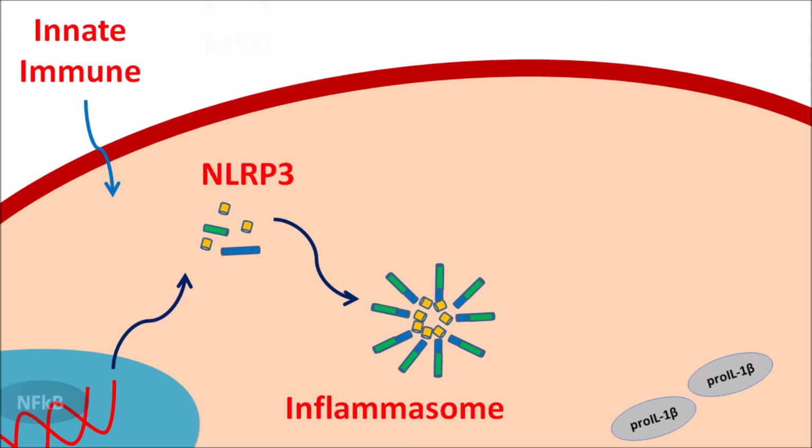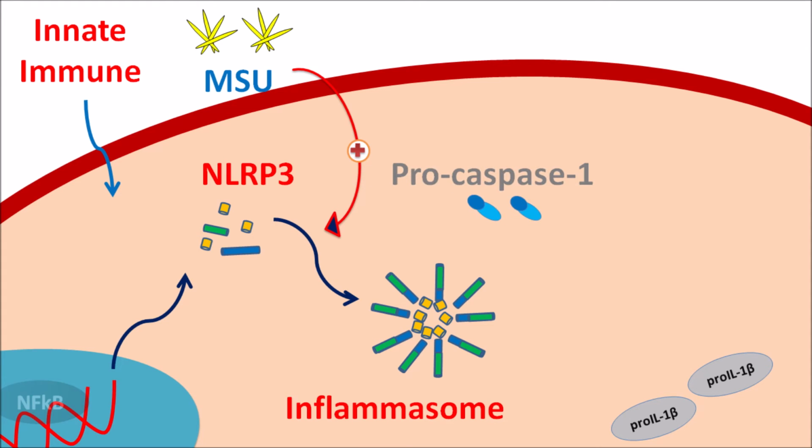Now, in gout patients, monosodium urate crystals are formed. These monosodium urate crystals can stimulate the NLRP3 pathway, thereby increasing the formation of inflammasomes. This inflammasome can stimulate the caspase 1 pathway, so pro-caspase 1 is converted into caspase 1.